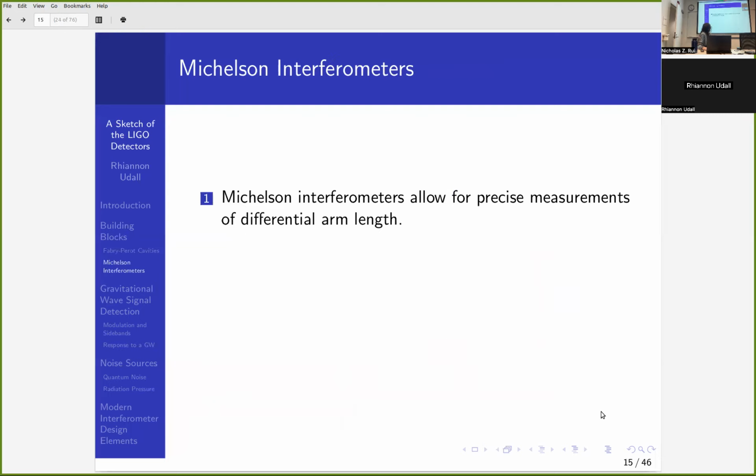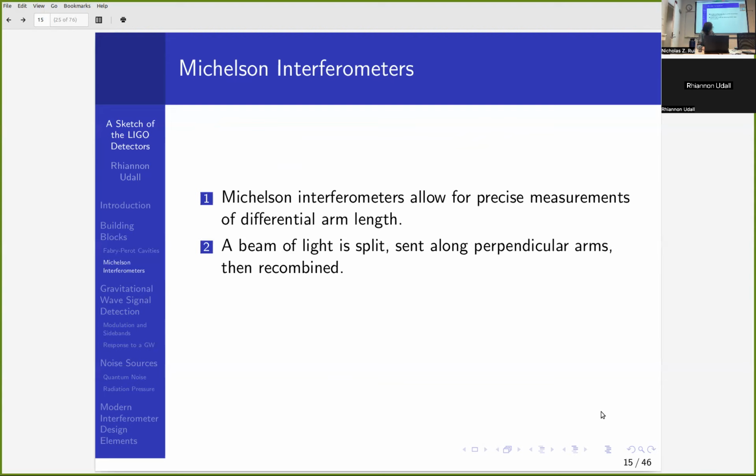Okay. So now, let's talk about the other important thing here, and that's Michelson interferometers. I think people have probably heard of these before, but I'll go briefly. Michelson interferometers allow you to measure the differential arm length as opposed to something else like the common length. They work by, you take a beam, you split it, you send it along perpendicular arms, you bring it back together.